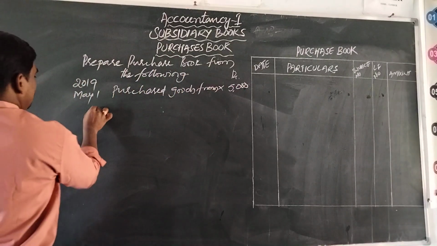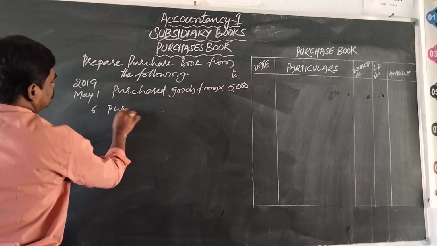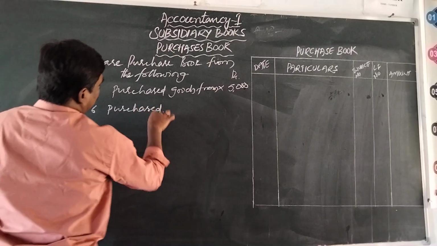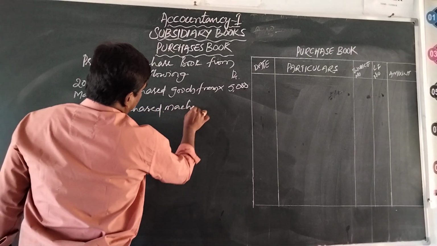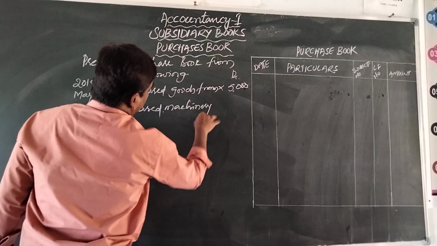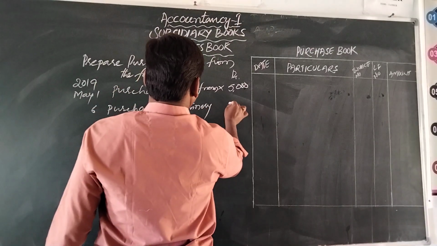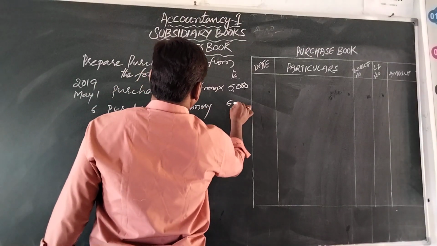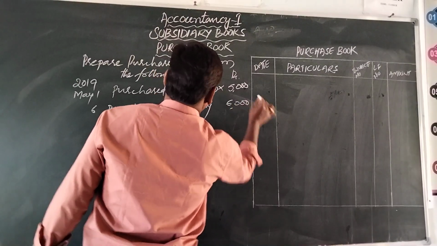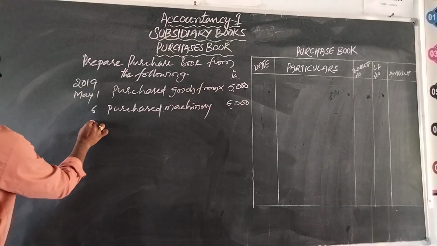On May 6th: purchased a machinery, rupees 6,000.